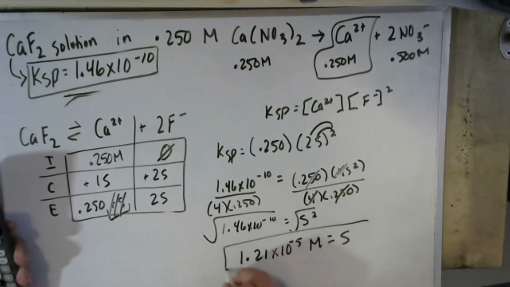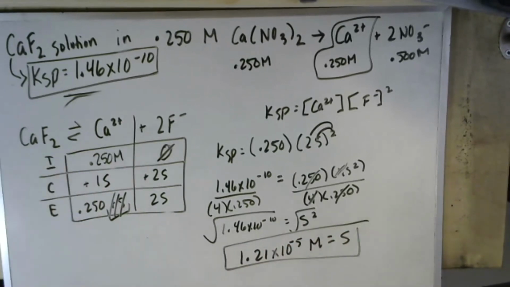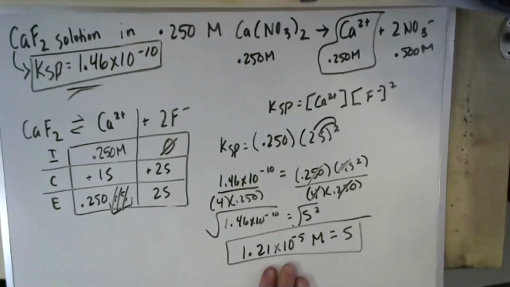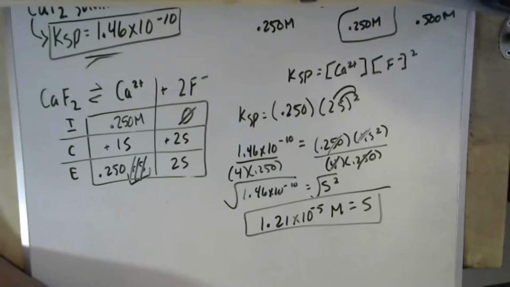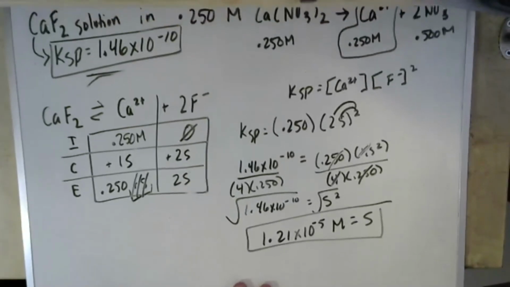So that's going to be our molar solubility of the calcium fluoride when we have a solution of 0.250 molar calcium nitrate present as well. Still well below that solubility value for the calcium fluoride when it's just in water. All right. I like that.